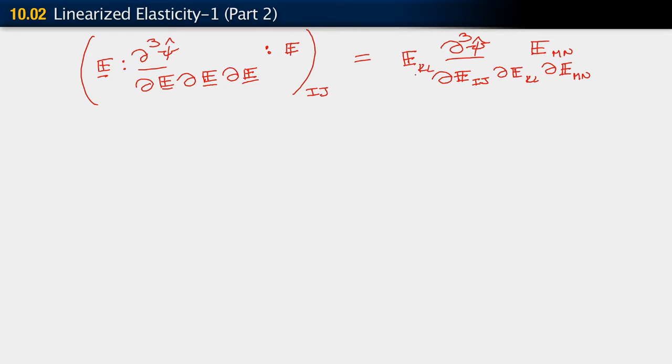Again, it doesn't really matter how we arrange those indices, KL or ij or mn, because it has major symmetries.